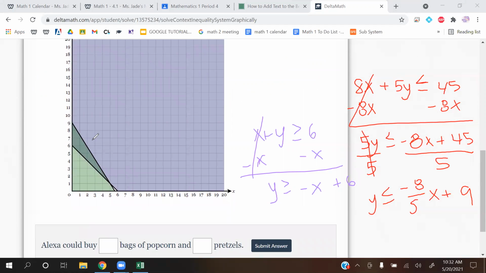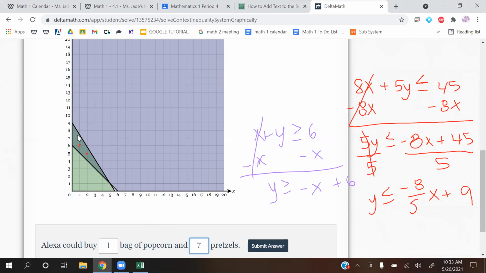So you can choose this point or this point, or you can choose that point. Let's just choose 1,7 because I like to have a lot of bags of snacks. So 1 bag of popcorn and 7 bags of pretzels.